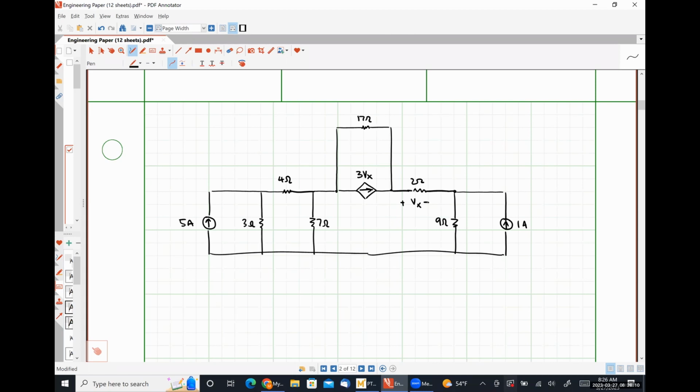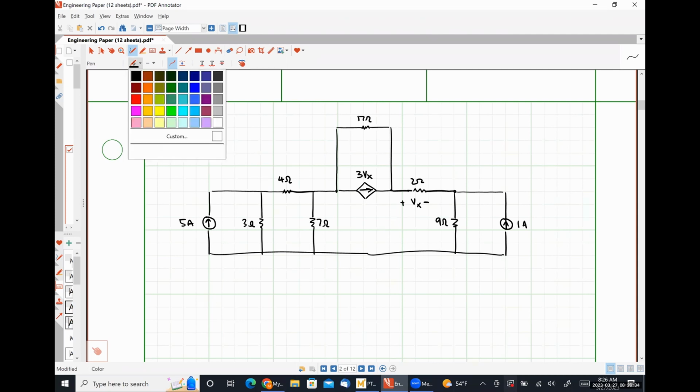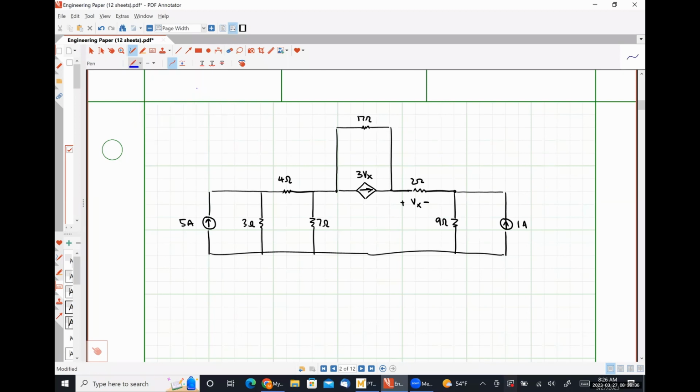So I would argue that I have 3 practical sources in this circuit right now because I have 3 current sources that are in parallel with resistors, okay? Does not matter whether it is an independent current source or a dependent current source. If it is a current source in parallel with a resistor, I can treat it as if it were a practical current source. So let's start by looking at this practical current source here on the left.